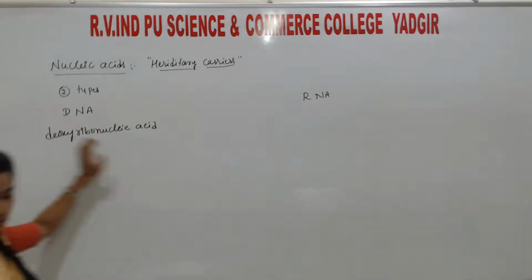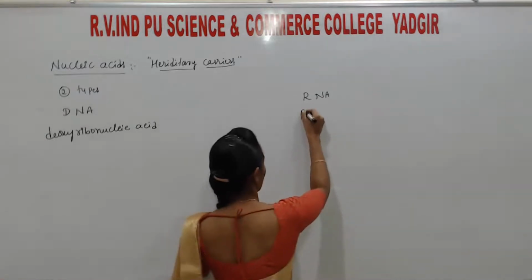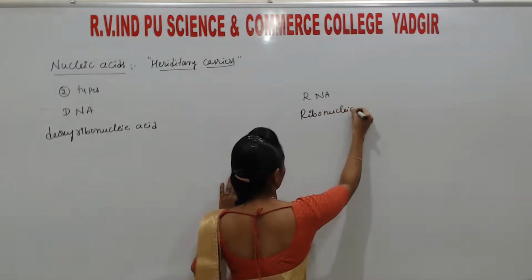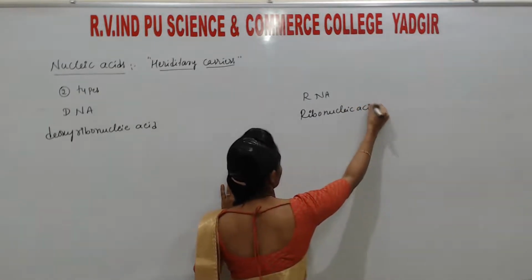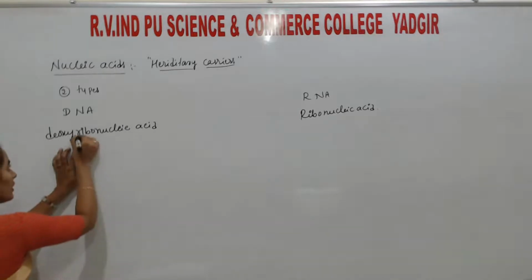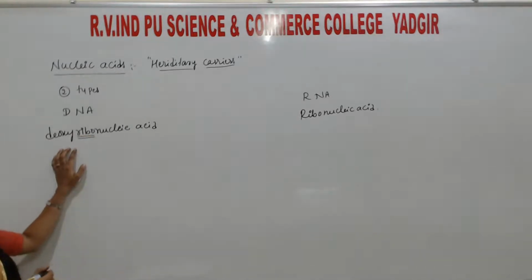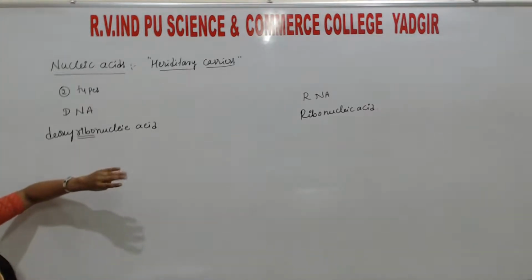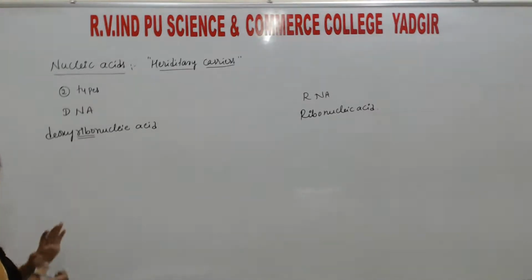This is ribonucleic acid. So from that you came to know the sugar moiety is a ribose sugar. Ribose sugar means it consists of 4 carbon atoms. Okay, sorry, 5 carbon atoms.